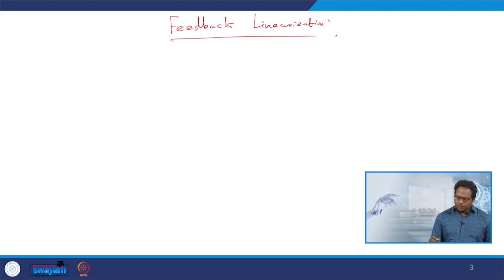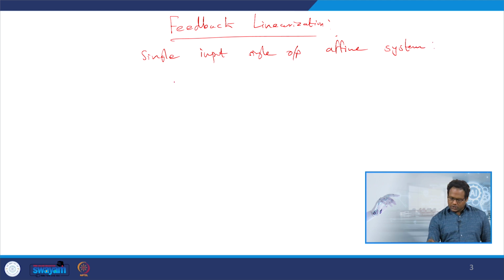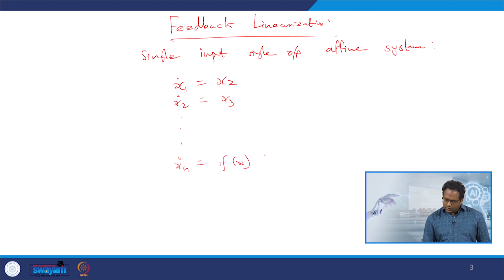Let us consider a family of single input, single output affine system expressed by the given equation: x1 dot equal to x2, x2 dot equal to x3, it continues, xn dot equal to f of x plus g of x into u, and y is the system response given by x1.